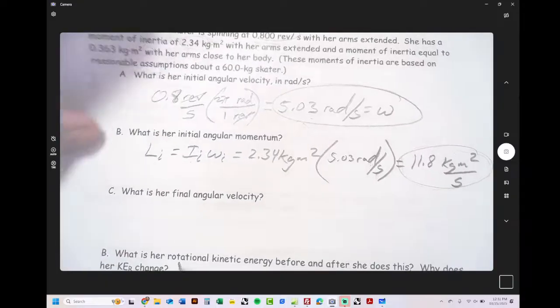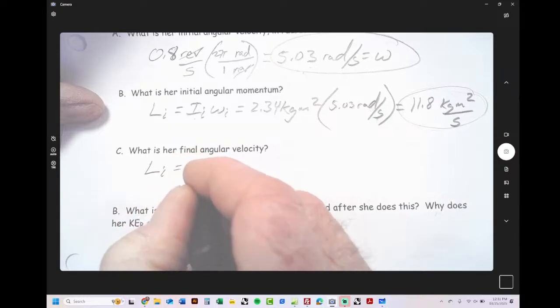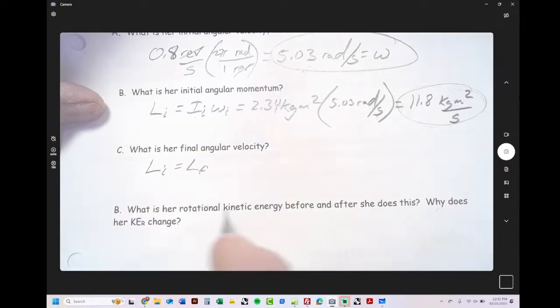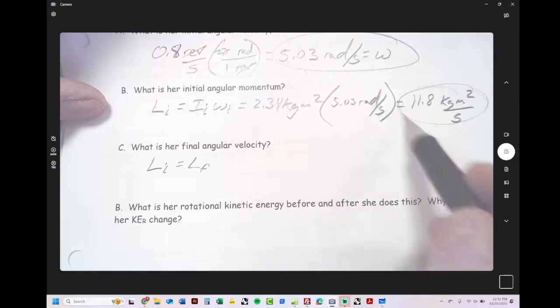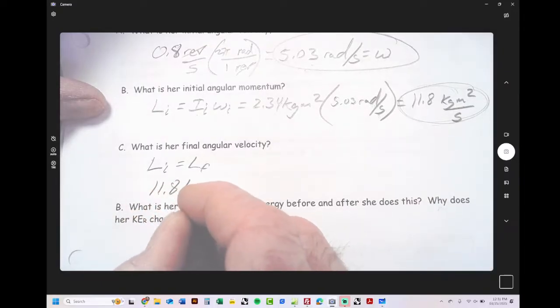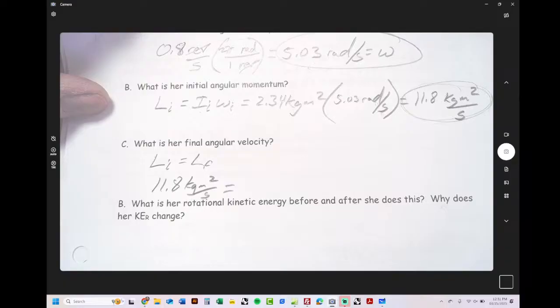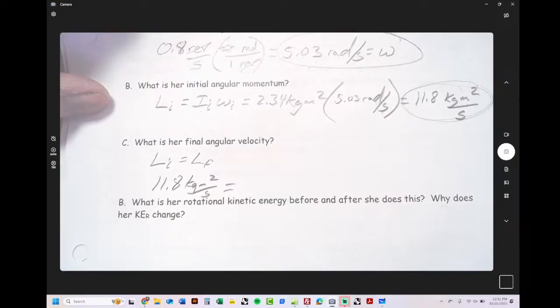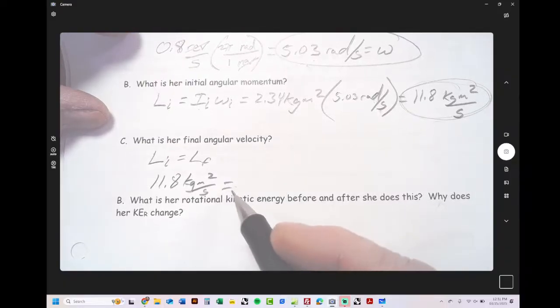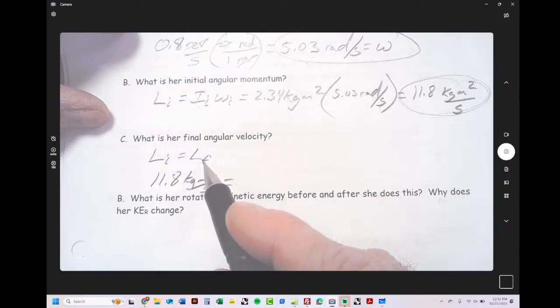So we use the law of conservation of angular momentum. L initial equals L final. And we already calculated the initial angular momentum, 11.8 kilograms meters squared per second. And unless there's some external torque acting on her, there probably is, there's probably a little friction, but let's just ignore that, the total momentum has to still be 11.8.